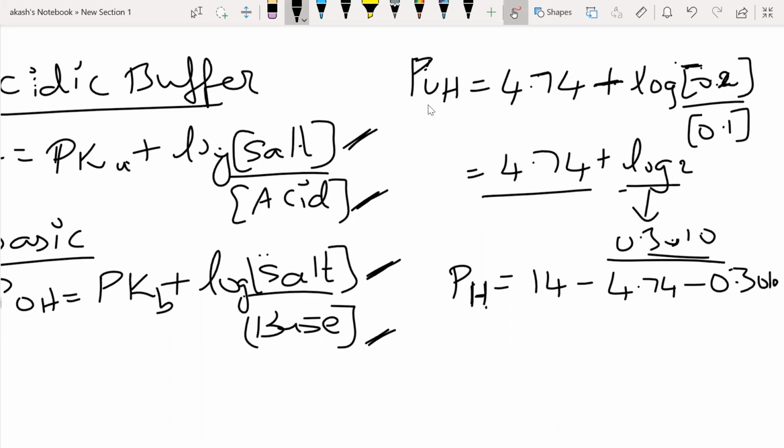Find the amount of ammonium sulfate, (NH4)2SO4, which must be added to 500 ml of 0.2 M NH4OH solution to yield a solution of pH 9.26.